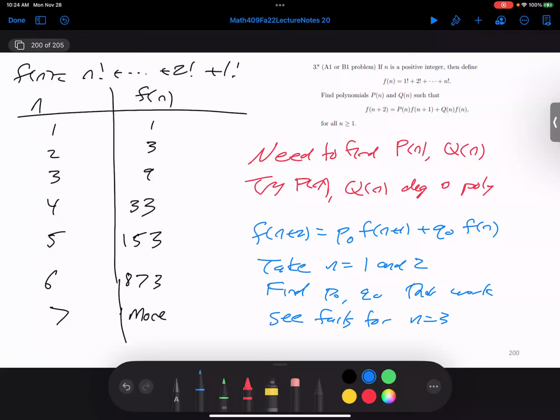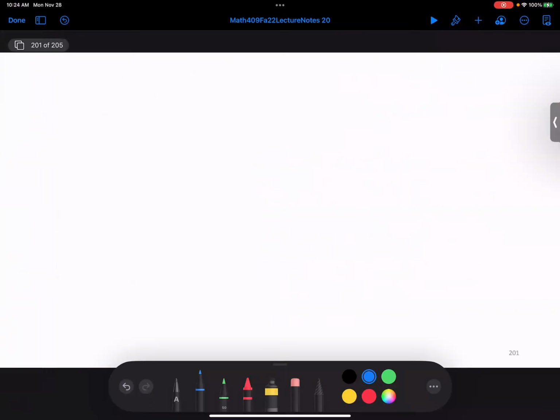Linear. So we could try P1 n plus P0 and Q1 n plus Q0. How many values will we need?